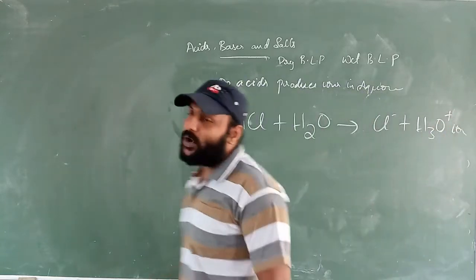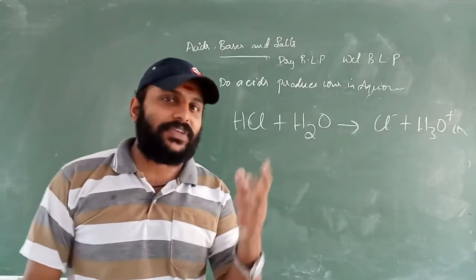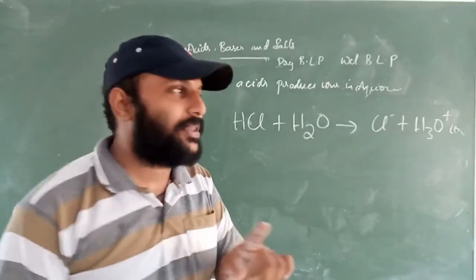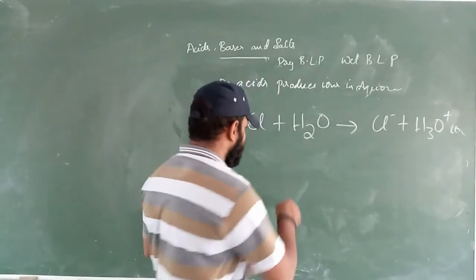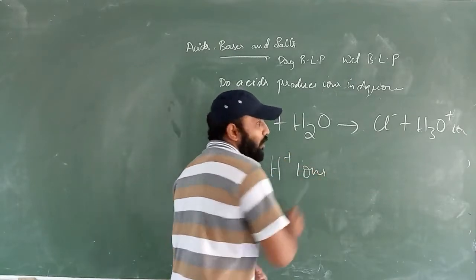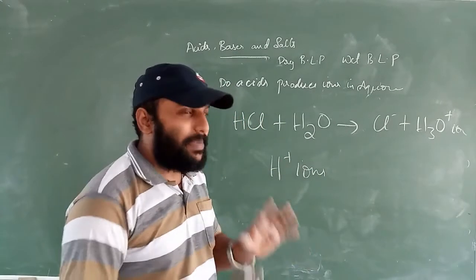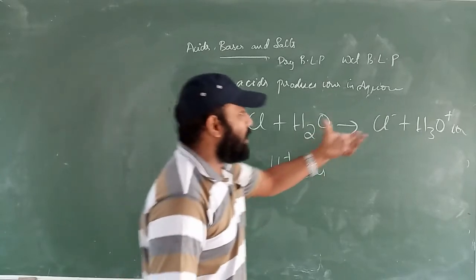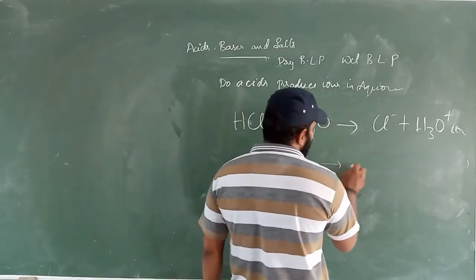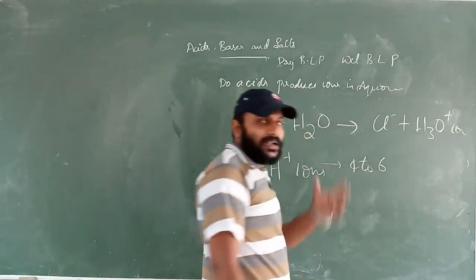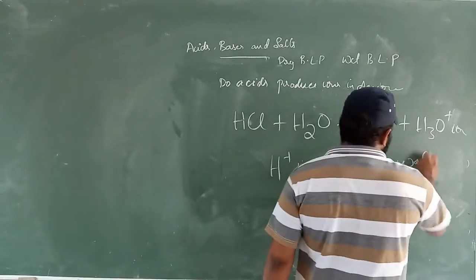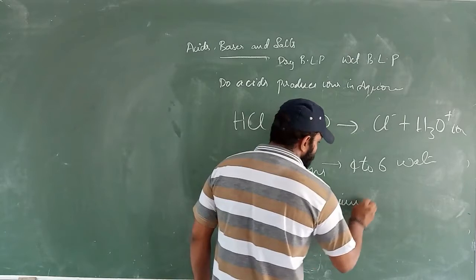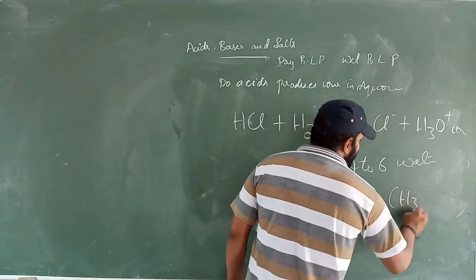One more important point: when an acid reacts with a metal, hydrogen gas is liberated. It is not H plus ions, because H plus ion will not exist as a bare ion. It will always react with water molecules, mixing with 4 to 6 water molecules, and it will be present as hydronium ion, H3O plus ion.